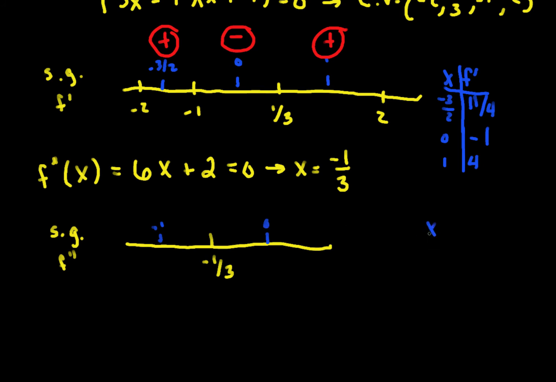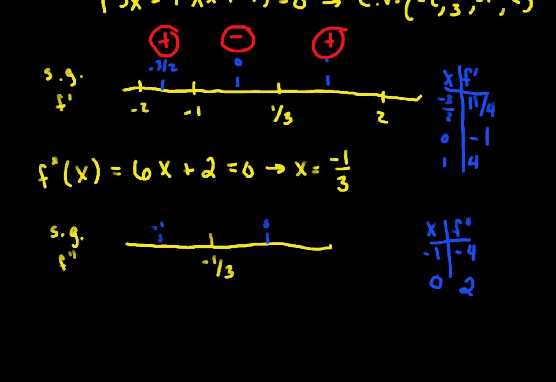And again, we'll evaluate f double prime at those two places to determine the sign. And at -1, we get a -6 plus 2, which is a -4. And at 0, we get a 2.